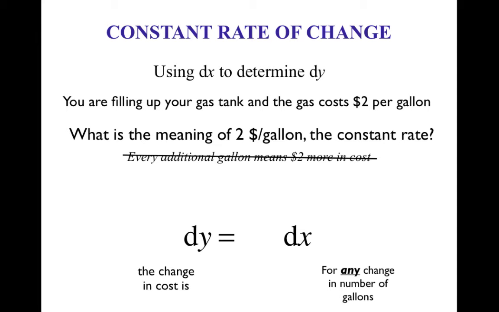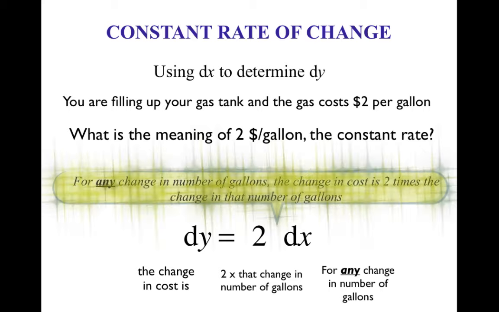Not $2. 2 times as much as your change in gallons. So if you put in 10 more gallons, how much does your cost go up? $20. You multiplied by 2, $20. If you put in a half a gallon, how much does your cost go up? $1. For any change in the number of gallons, the change in cost is 2 times that change in gallons.